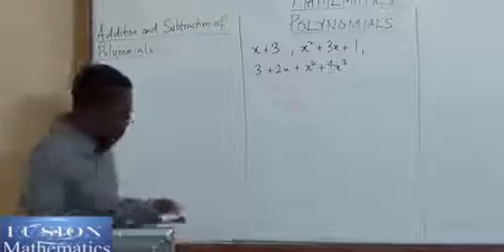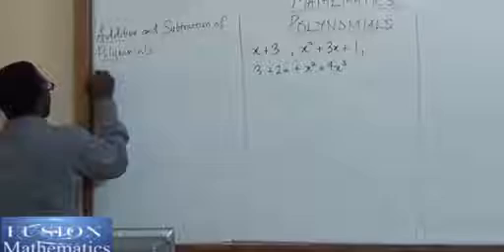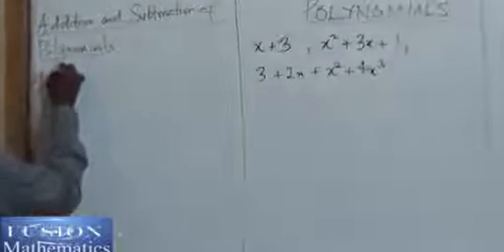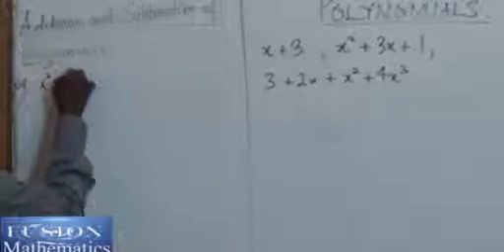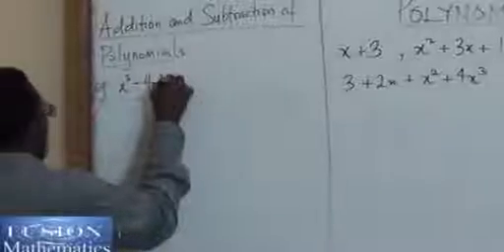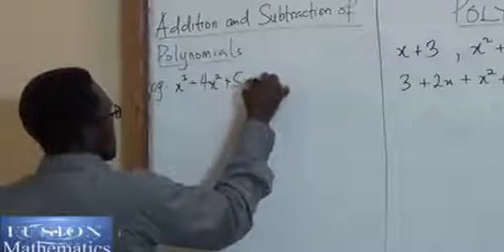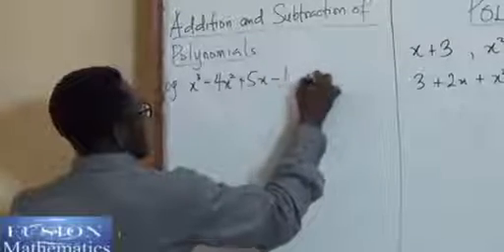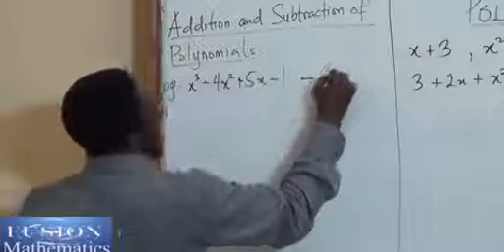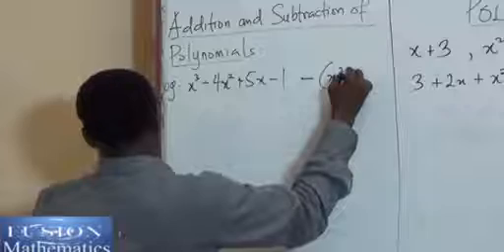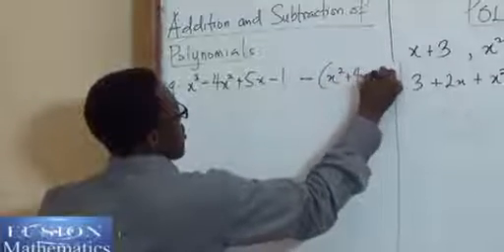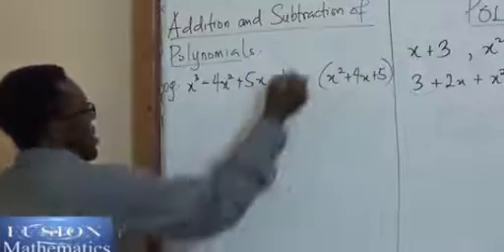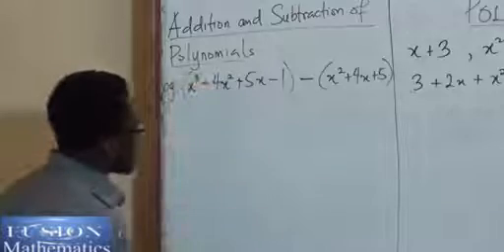For instance, if we are subtracting x squared plus 4x plus 5 from x cubed minus 4x squared plus 5x minus 1, we are subtracting these two polynomials.